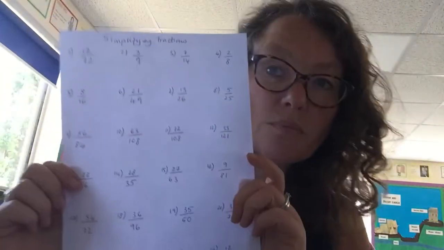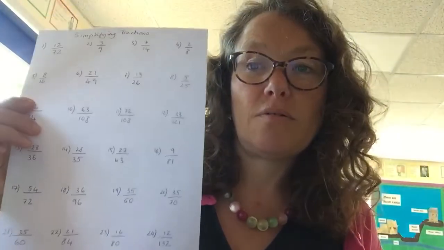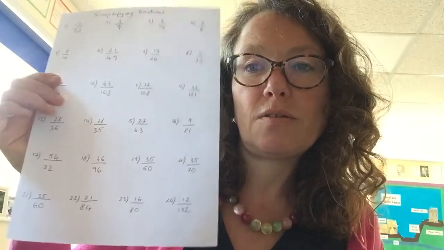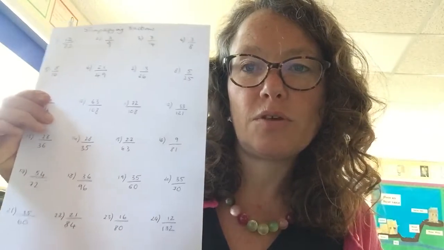Now attached to the bottom of this lesson plan, you've got this sheet on simplifying fractions. There are 24 questions on there, and you should be able to do those fairly quickly. If you read through the lesson plan, it will tell you what you have to do when you finish.